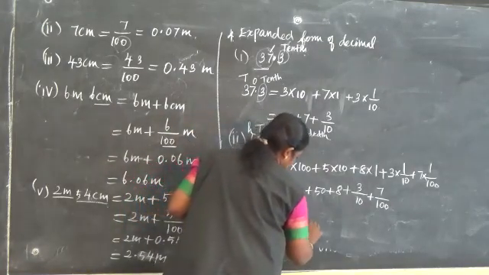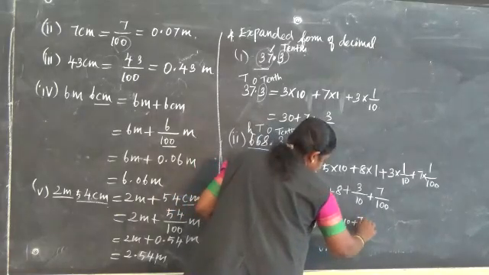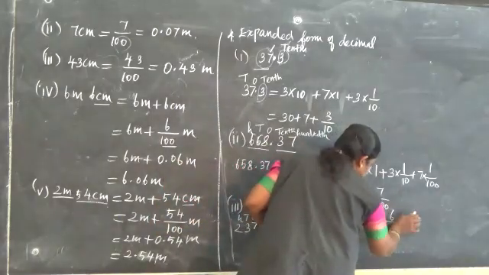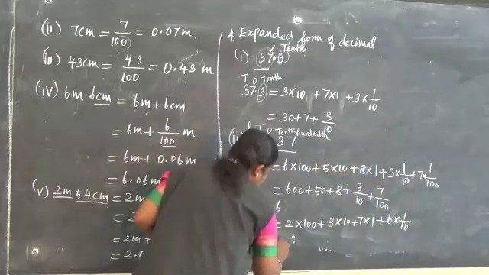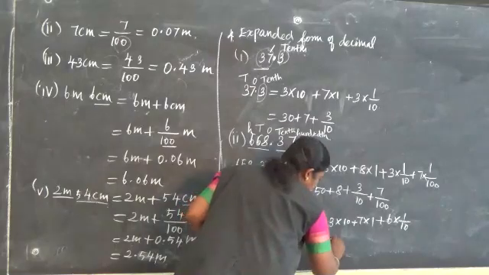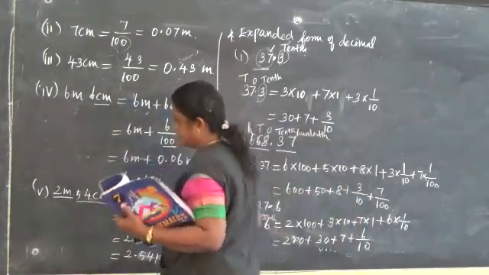So 2 into 100 plus 3 into 10 plus 7 into 1 plus 6 into 1 by 10. So we can write it as 200 plus 30 plus 7 plus 6 by 10.